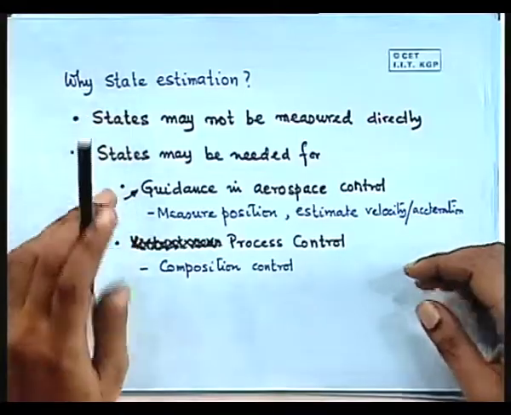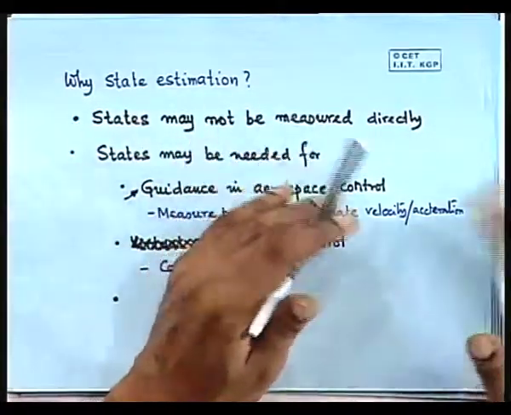Similarly, you can have lots of other examples where estimation of state based on measurements is required for effective control. That is why state estimators are very important. For example, this distillation column control problem is essentially a composition control problem.